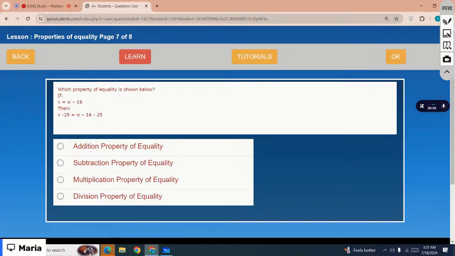Which property of equality is shown below? If v equals w minus 16, then v minus 25 equals w minus 16 minus 25. Which is the correct option?